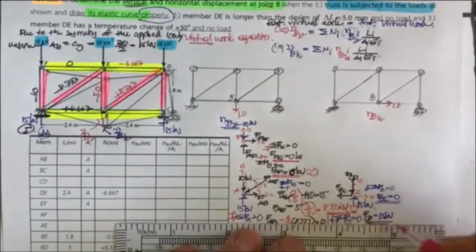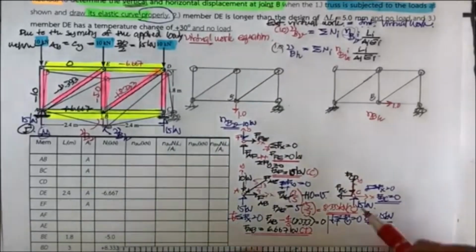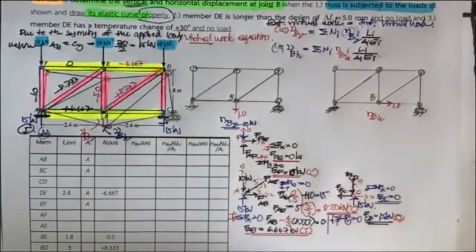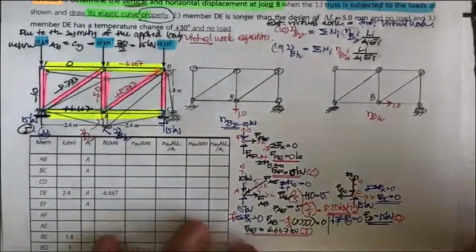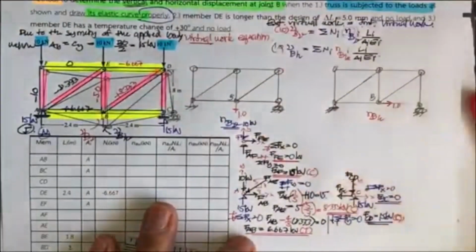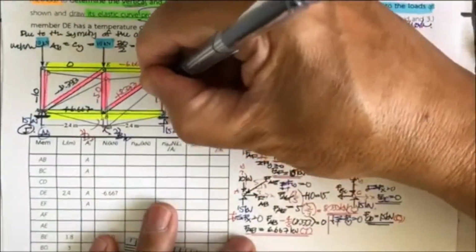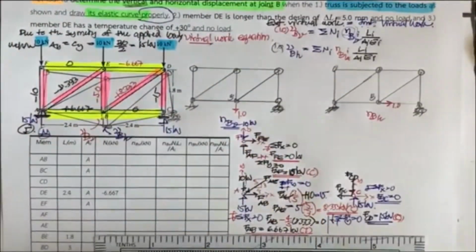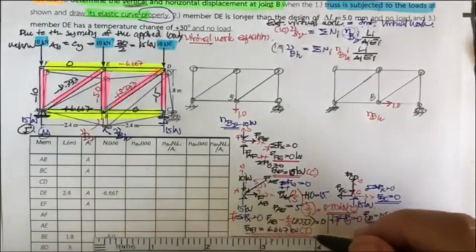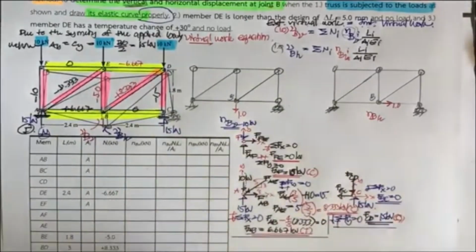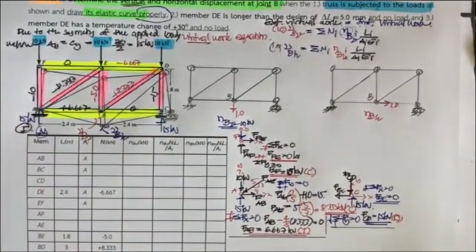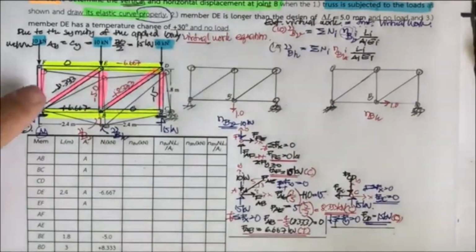And then the force here is going to be in compression. This is going to be minus 15, and this is going to be 0. So that is how we determine the normal force N in the member. Okay, you may call it member force in the truss due to the applied force.